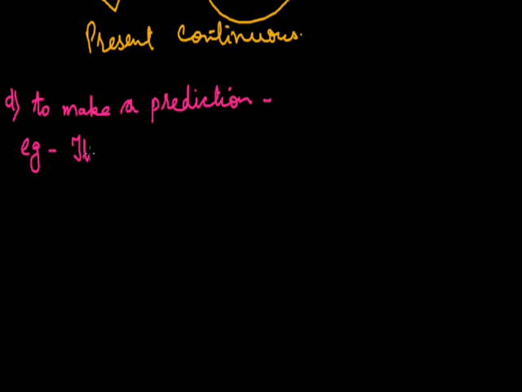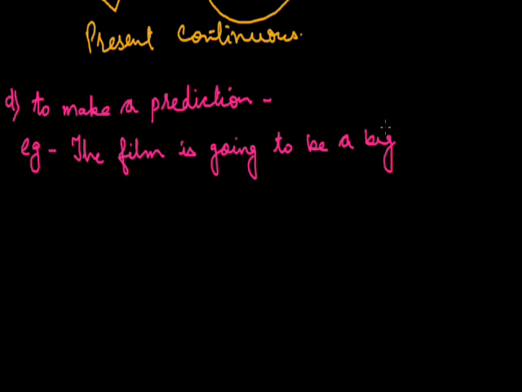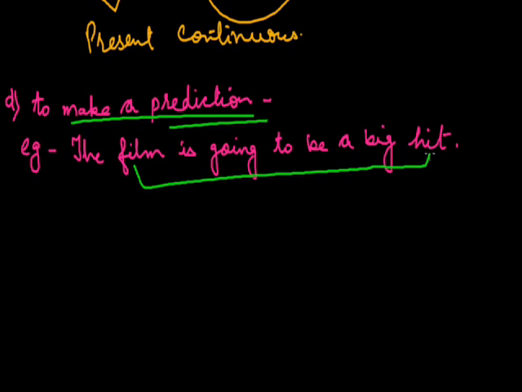So for the film, we can use present continuous tense. The film is going to be a big hit. We have used present continuous tense because we have made this prediction. It's a prediction.